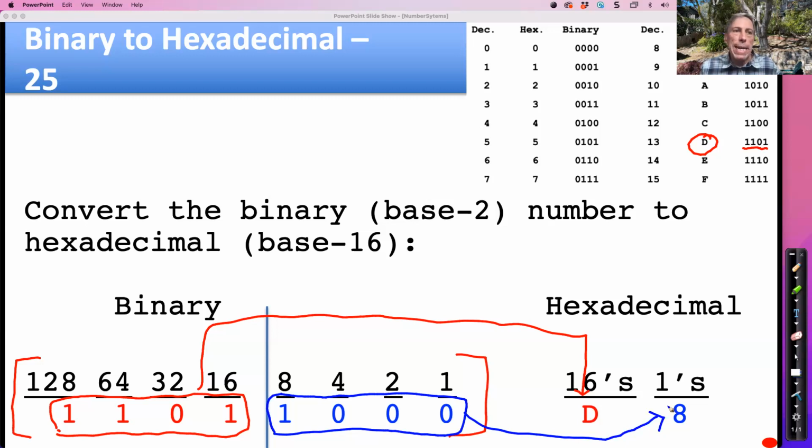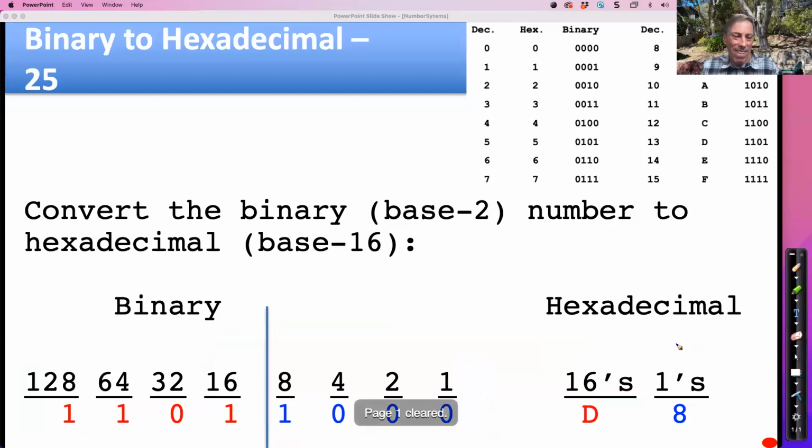So when we see D8, what we're looking at is actually 1101, there's the D, and 1000. It's just easier to read, easier to write, okay? Instead of seeing a bunch of 1s and 0s all over the place, unless you can read the matrix type stuff.